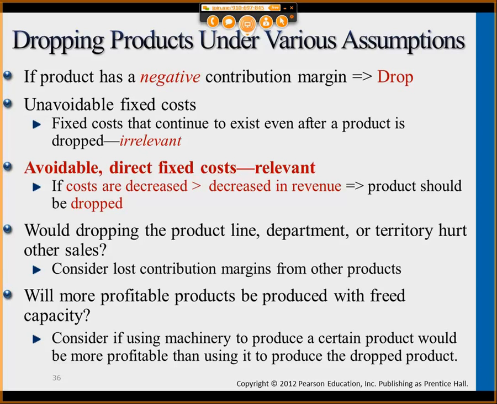So a little more detail here. Like I said, if there is another production line, right? If we're using machinery to produce a certain product, would it be more profitable than using it to produce the dropped product? So one thing, if we have a freed capacity that's not used, and then the second factor is when we're going to use it for something else. Is it going to be as profitable or more profitable, right, than if we have a dropped product?